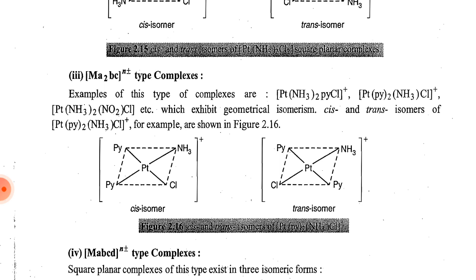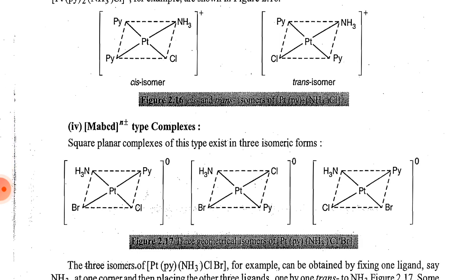Here in Pt(NH3)2PyCl, two ligands are the same but the remaining two are different from each other. Because of that they can form cis and trans isomers. Here the pyridines are adjacent to each other in the cis isomer, and in the trans isomer the pyridines are opposite to each other. So this can show geometrical isomerism.